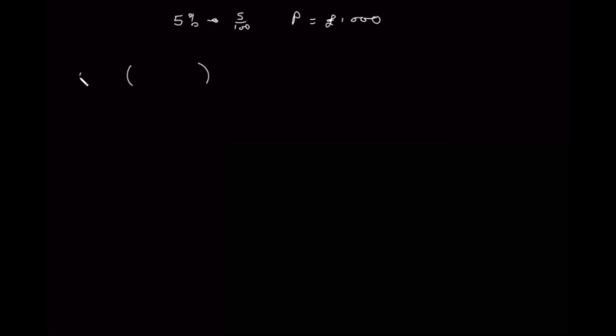So the principal sum is £1,000. Right, the formula: principal, 1 plus the percentage as it's split, all to the power of n. You'll see what that becomes.